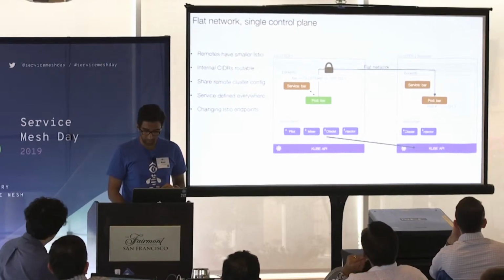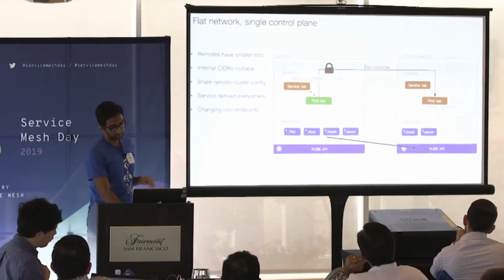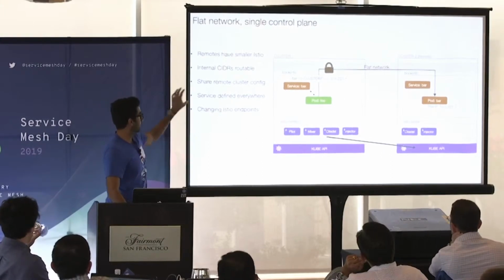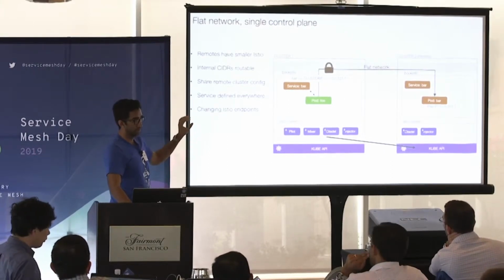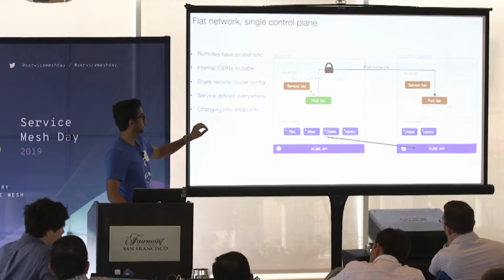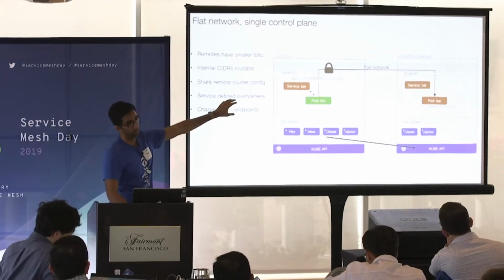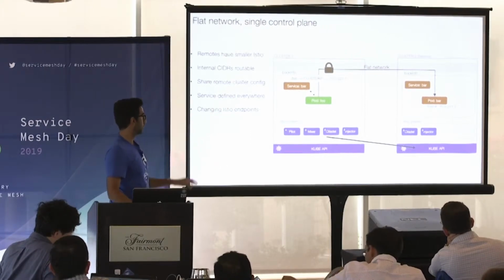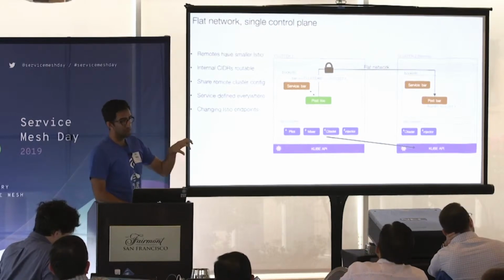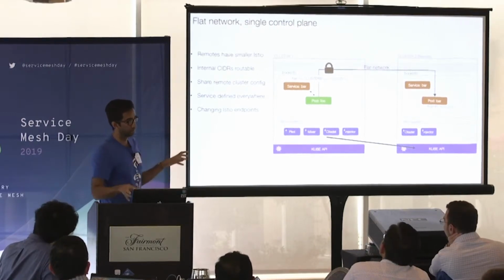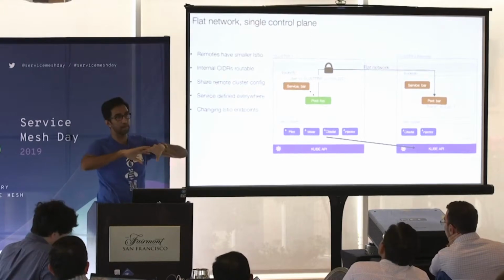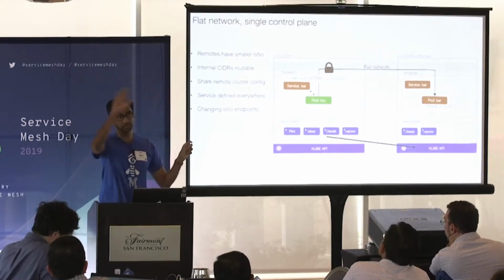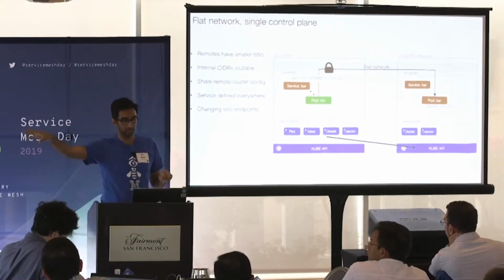The biggest requirement of this setup, like I said, is that the internal network of one cluster needs to be routable from the internal network of all your other clusters. That means the pod IP network range and the cluster IP network range of all your clusters cannot overlap, and one pod IP needs to be routable to the pod IP in a separate cluster.